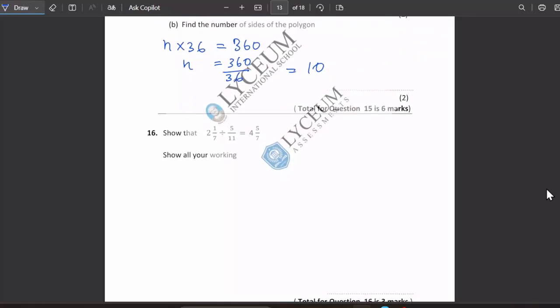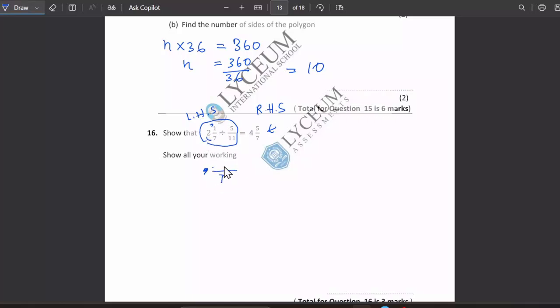So then we come to 16. Now show that this thing is equal to this. Okay. So what we can do is we have the left hand side and the right hand side. First thing we can do is simplify all these things. First we multiply this and add to this.